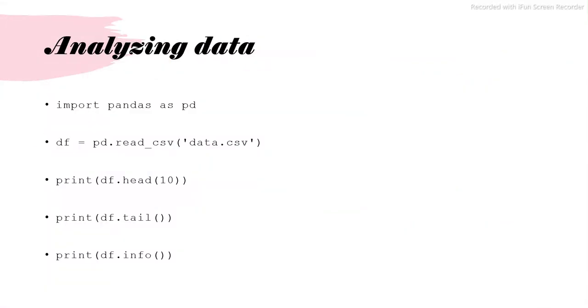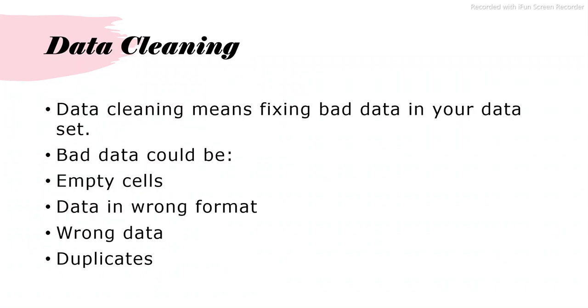Then we'll move into some basic analysis of data. The head function, tail function and info have been discussed already in the initial sessions. Now in this session what we are trying to concentrate on is the cleaning of the data.